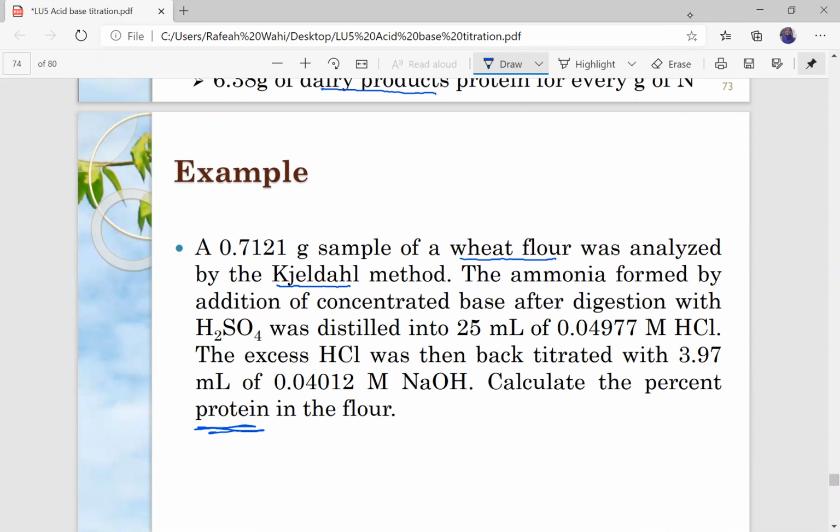So what happened here is that the ammonia formed by the addition of the concentrated base after digestion with H2SO4 was distilled into 25 ml of 0.04977 molar HCl. The excess HCl was then back titrated with 3.97 ml of 0.04012 molar NaOH. Calculate the percent protein in the flour.